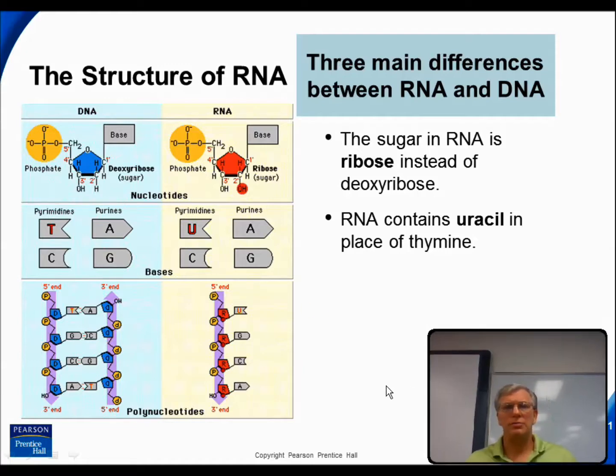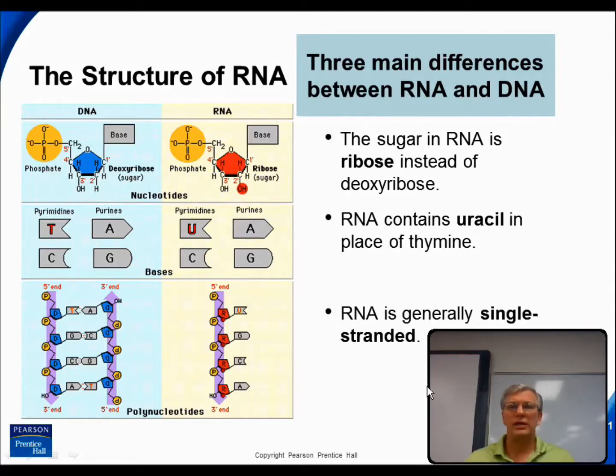The third difference between DNA and RNA is that RNA is a single strand rather than a double strand. So anytime you see RNA, you're going to see just a single strand.